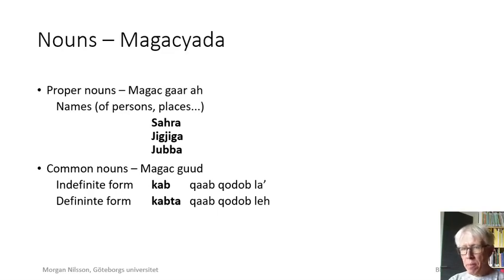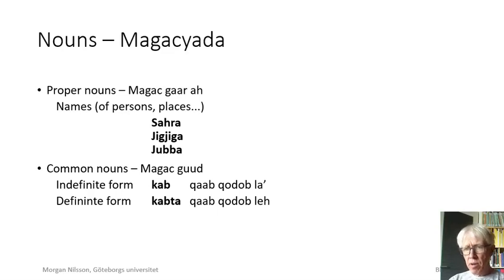We have names that are called magac gaar, magacyo gaar, proper nouns in English, but in everyday communication we usually talk about these nouns as names of persons and places, etc.